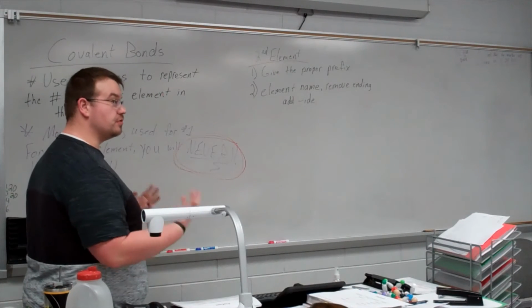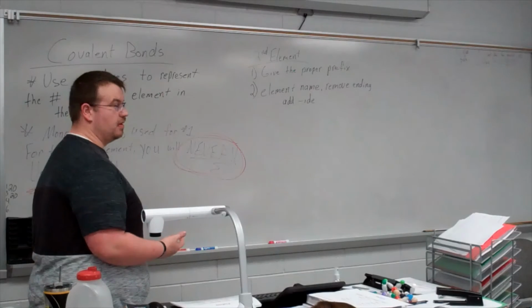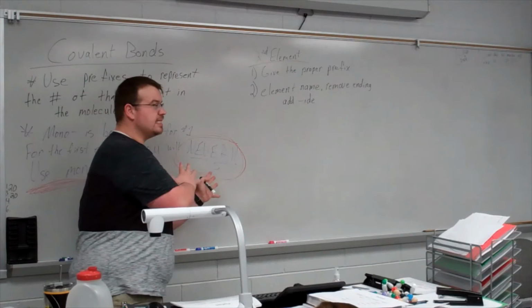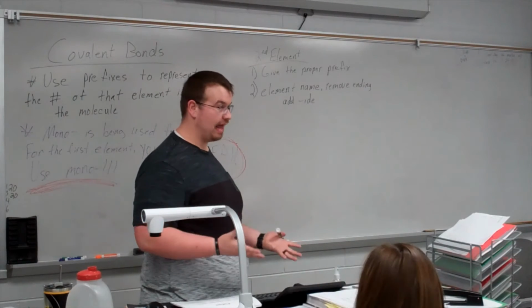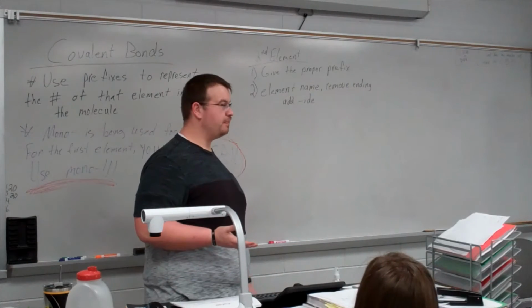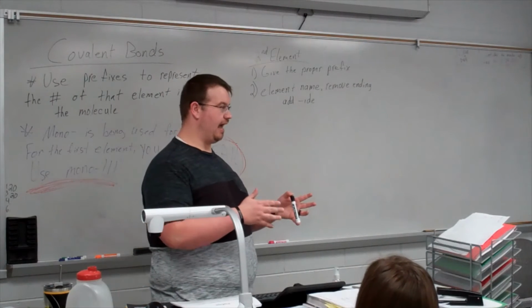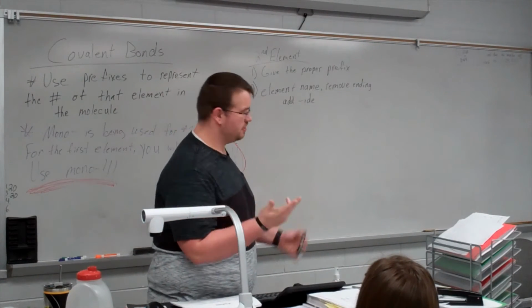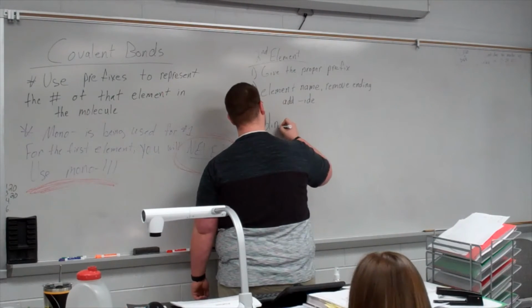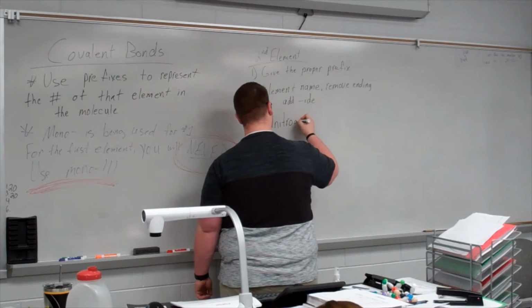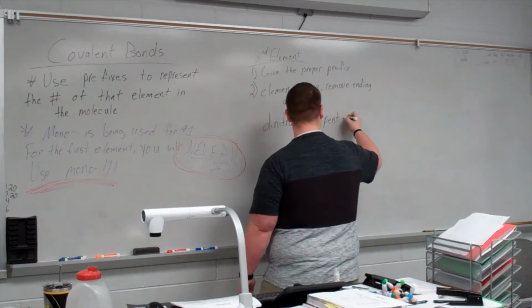So you're pretty much used to this, okay? And I'm going to be completely honest with you. These are easy when you're going from the name to the chemical formula, because I spell it out for you. If I put dinitrogen pentoxide, di is 2. Let's just do it. So dinitrogen pentoxide.